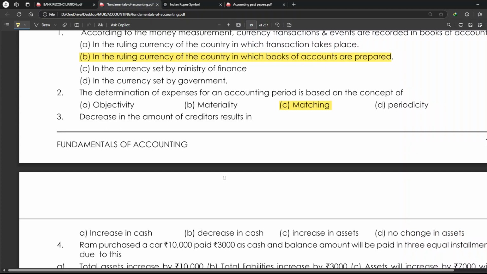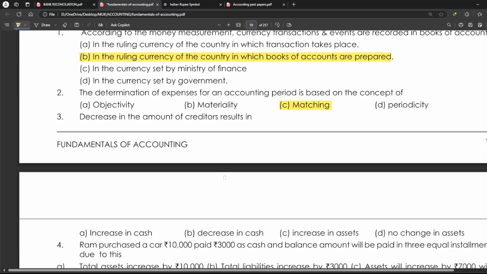Number 3, decrease in the amount of creditors results in. Who are creditors? Creditors can be a person or an entity to whom money is owed. What does that mean? They are demanding money from us. So, a decrease in that amount results in what? A, increase in cash. B, decrease in cash.